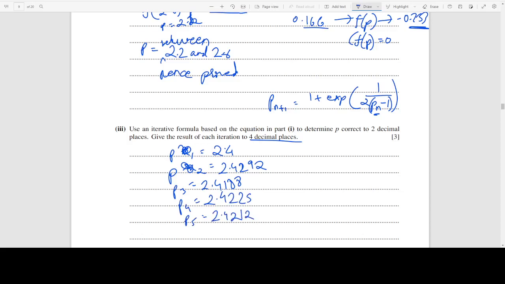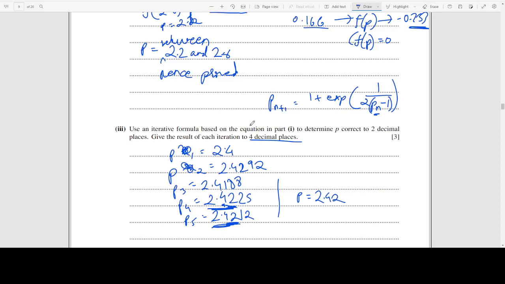Okay, so as you can see, we got the same value correct to two decimal places. So to two decimal places, we are getting p as 2.42. Correct? Yeah.